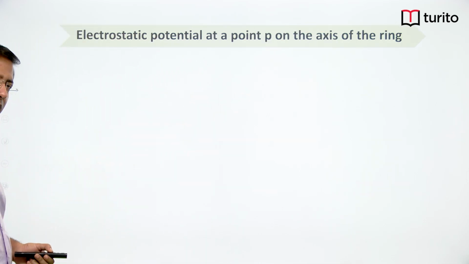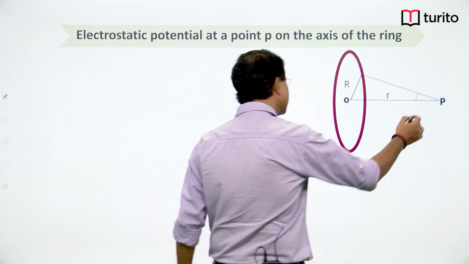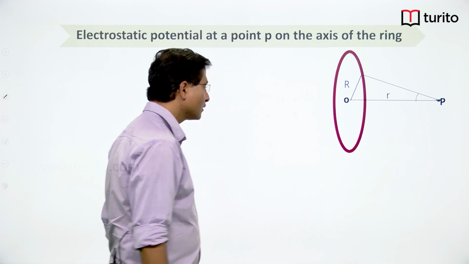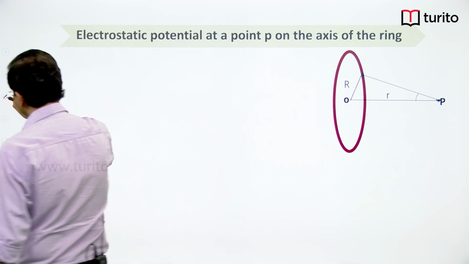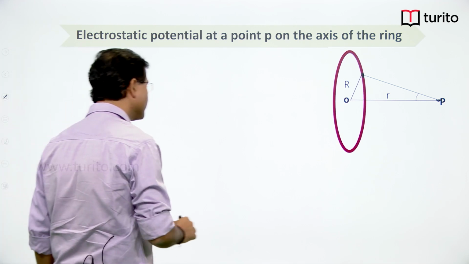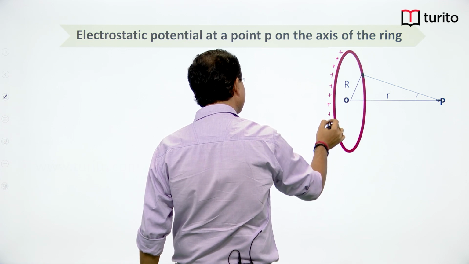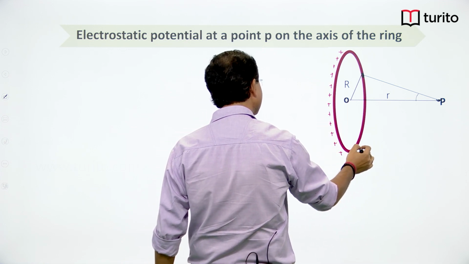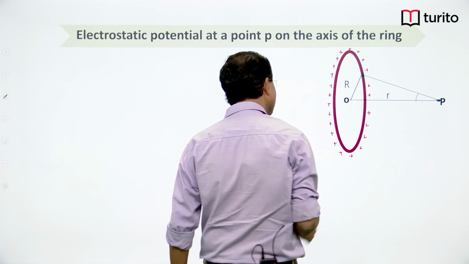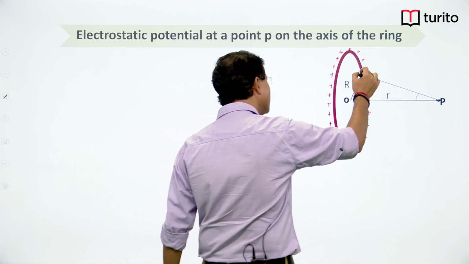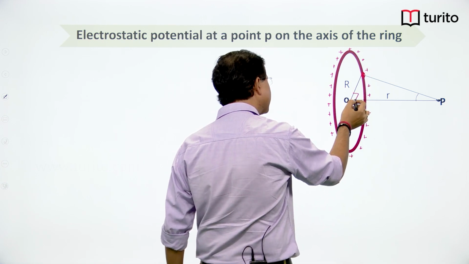So let us take the first example. We have a ring and I am interested in finding the potential at this particular point. So every element on the ring will contribute. Just look at this element, this angle will be 90 degrees, right.